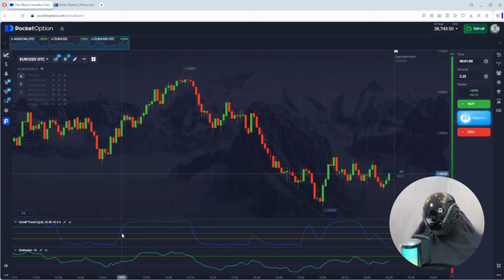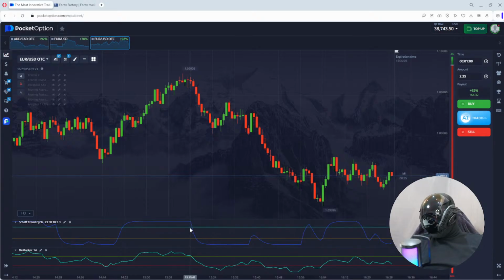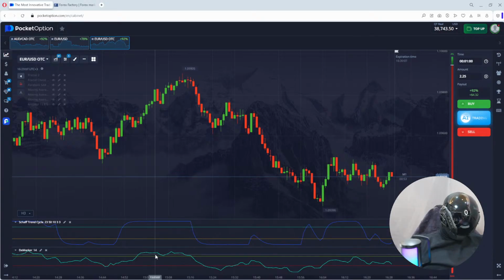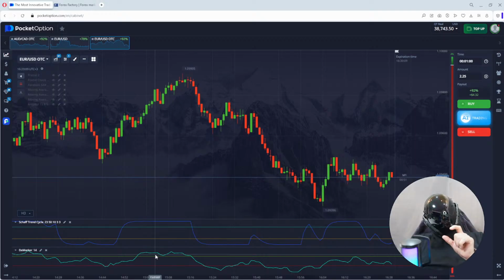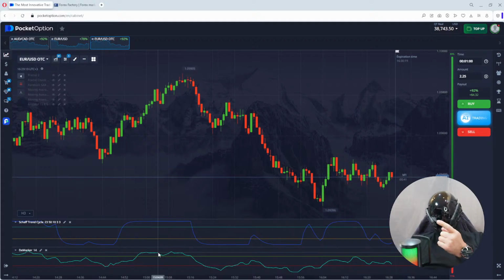While it's above, it just continues to tell you that it is bullish dominant. Now, when it reverses, when it rounds out, we see exactly the same thing. DeMarker does exactly the same thing, though the formula to calculate the quotes is a little bit different. And actually, I prefer Schaff Trend Cycle versus DeMarker, but once again, you're not me.